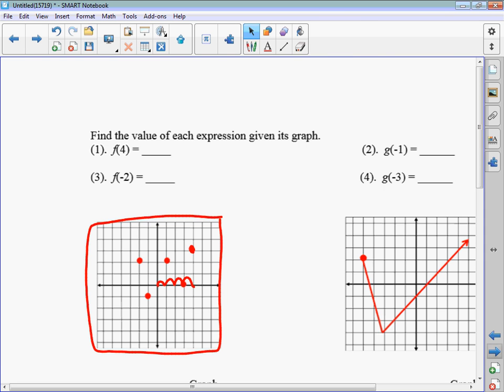Use a different color so we can see it a little better. 1, 2, 3, 4. The point is here. That is at 4, positive 3. So f of 4 is 3. And f of negative 2, 1, 2, is right up here at positive 2.